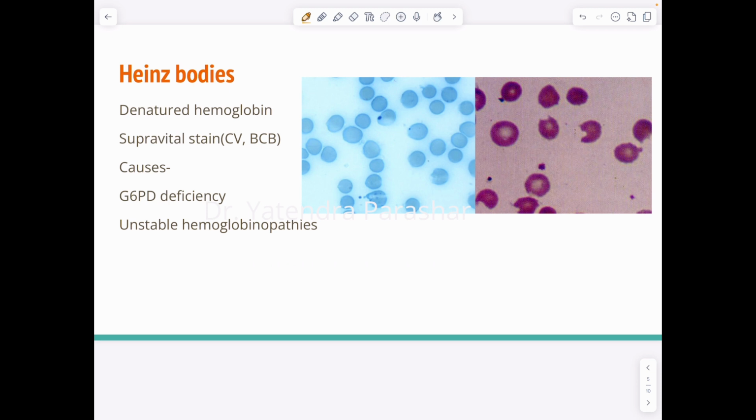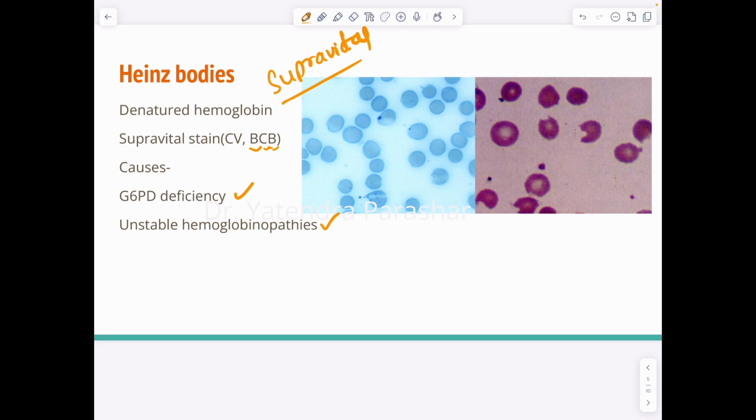They are not visible in the routine Giemsa or Wright stain, so it requires a supravital stain like crystal violet, brilliant cresyl blue stain, or new methylene blue stain. Conditions associated with Heinz bodies are G6PD deficiency and unstable hemoglobinopathies.